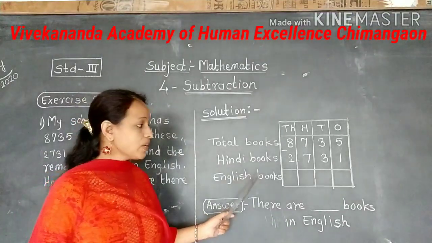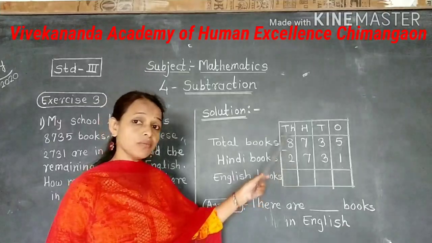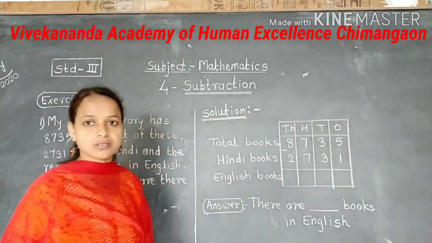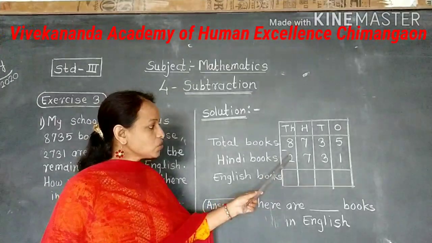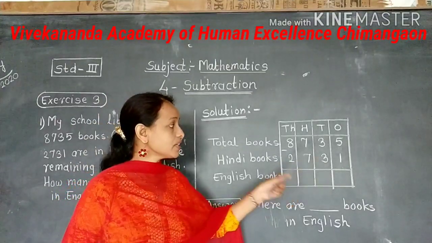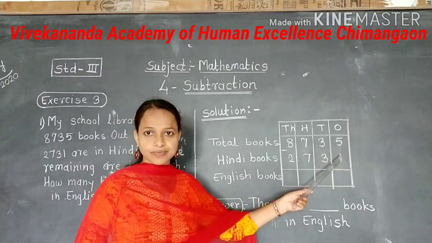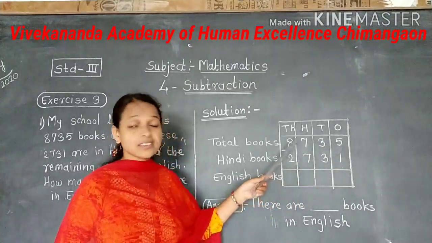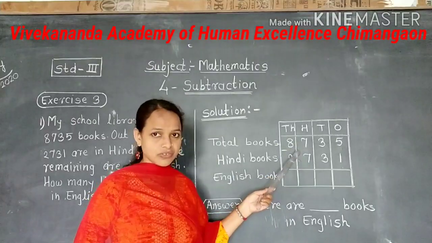So here we have to subtract the number of Hindi books from the total number of books. So here I have written: subtract 2,731 from 8,735.